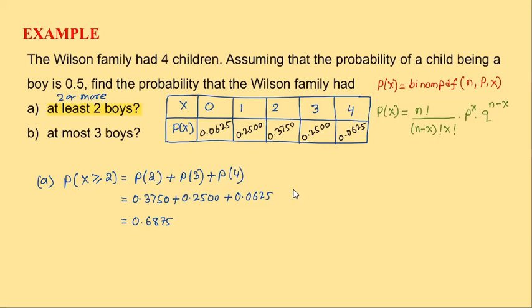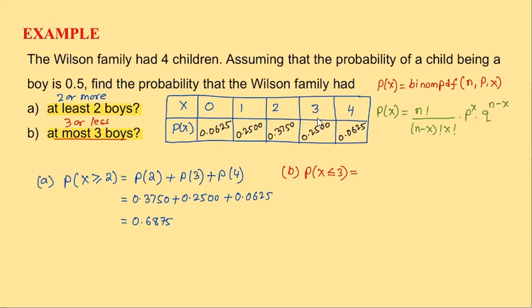Now let's look at part B. In part B, the question says we have to find the probability that the family had at most 3 boys. At most 3 means 3 or less. So the probability that x is less than or equal to 3.